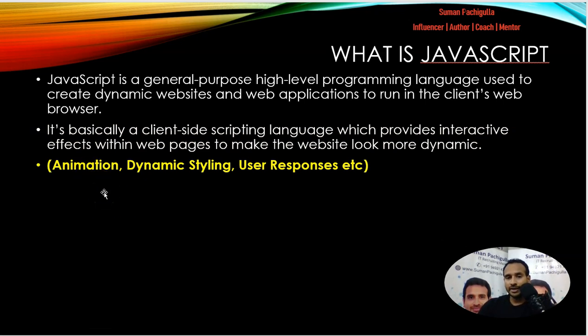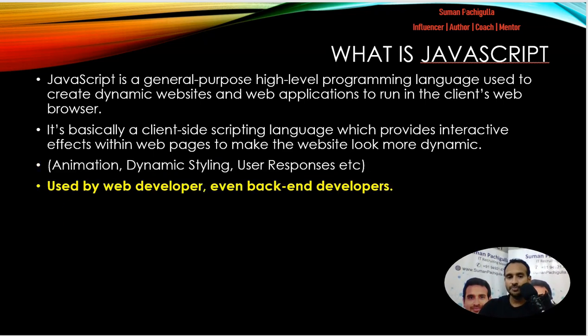Now when we say dynamic, it could be animation, dynamic styling, or user response that changes according to the location, the browsing, and the timing. It allows you to do that. And what else? JavaScript is sometimes also used by web developers and backend developers for scripting.